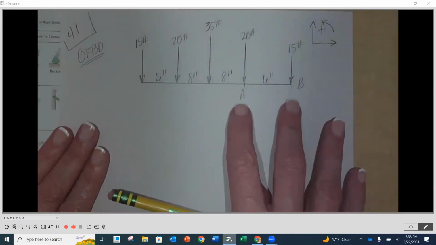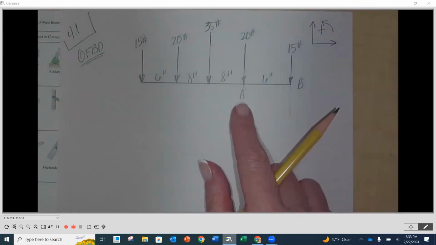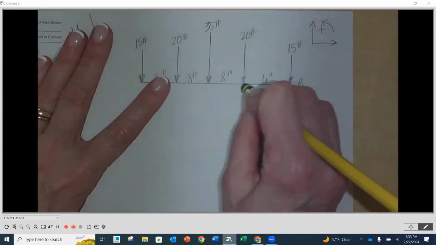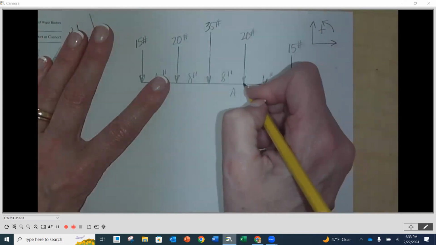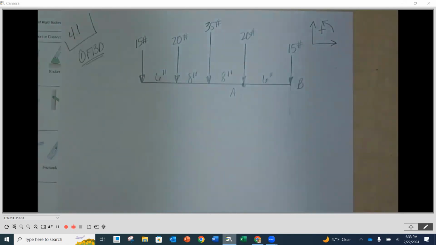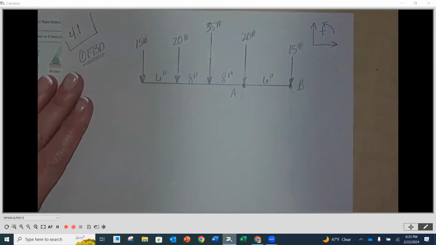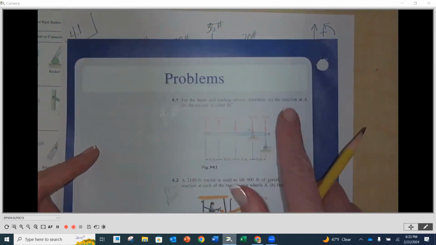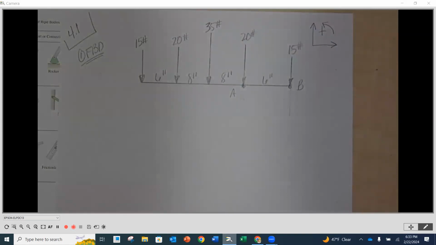And then the 2 points of interest for this problem, which are our supports, are a pin connection at A, which is right here underneath that 20-pound force, and a cable at BC. The problem statement wants us to find the reaction at A and the tension in cable BC. So I still need to put my reactions at those 2 supports.